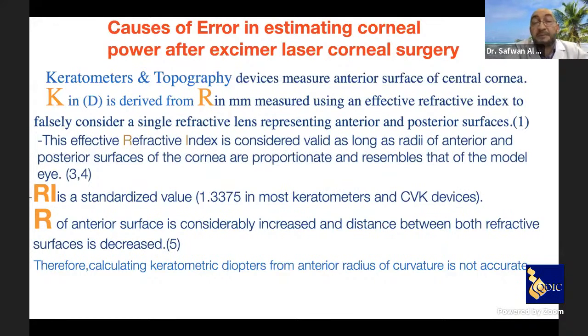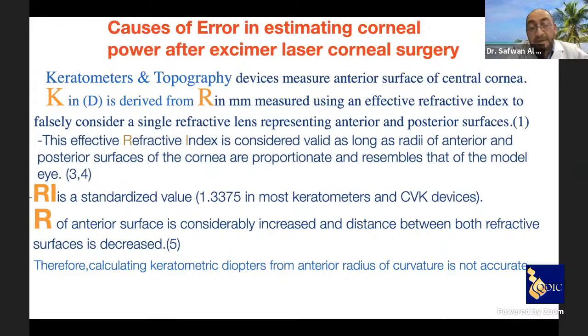This effective refractive index is considered valid as long as the radii of the anterior and posterior surfaces of the cornea are proportionate and resemble those of the model eye. So the refractive index is a standardized value, 1.3375 in most keratometry and topography devices.